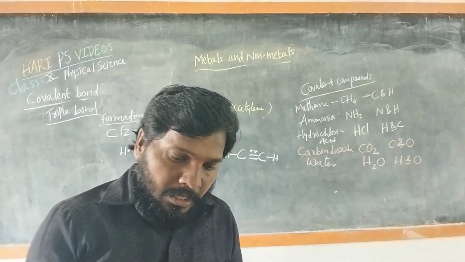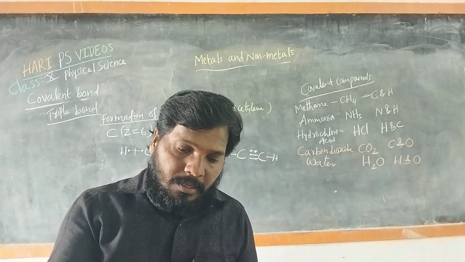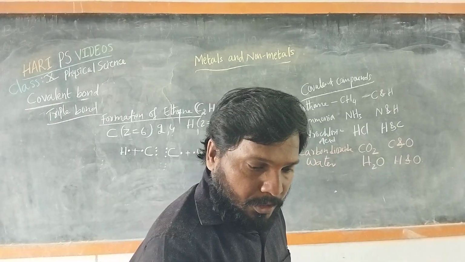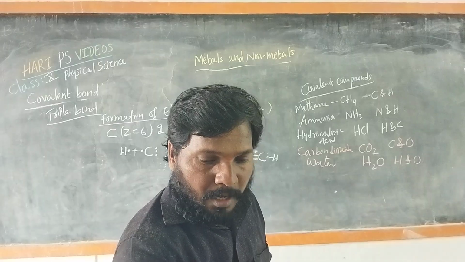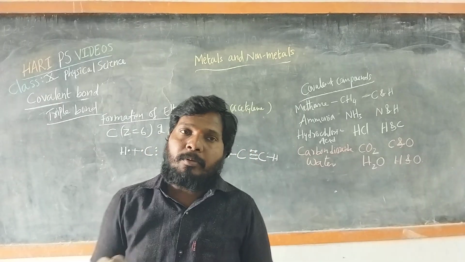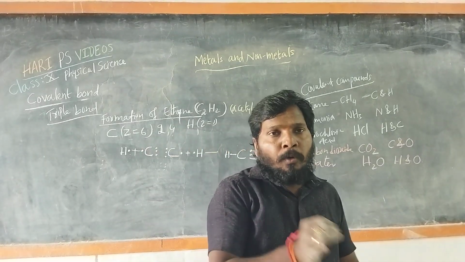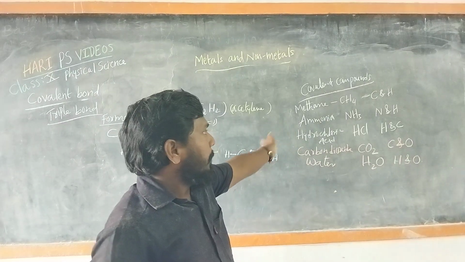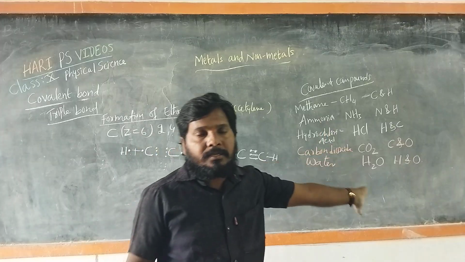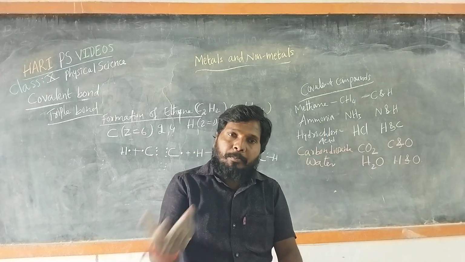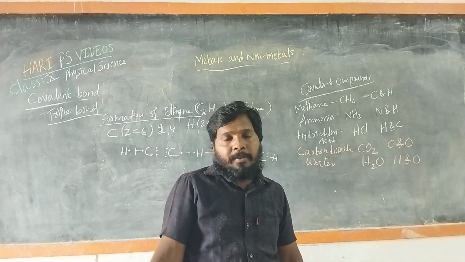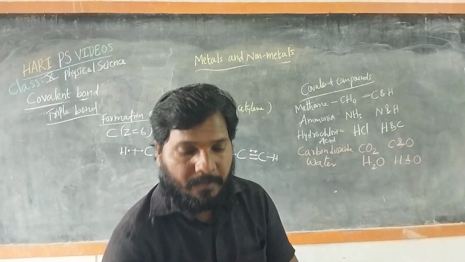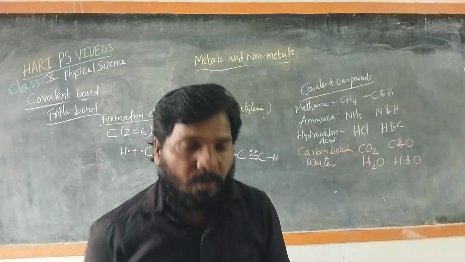So ammonia, alcohol, hydrogen sulfide, carbon disulfide, carbon tetrachloride, glucose, cane sugar and urea are all examples of covalent compounds, because these molecules are formed by sharing electrons, either one pair, two pairs or three pairs, whatever it may be.